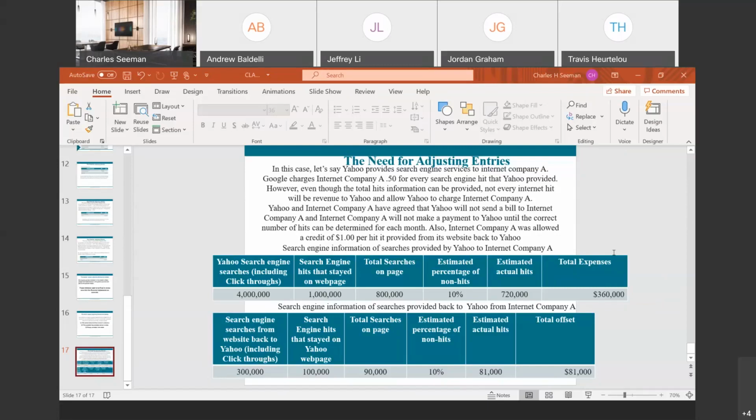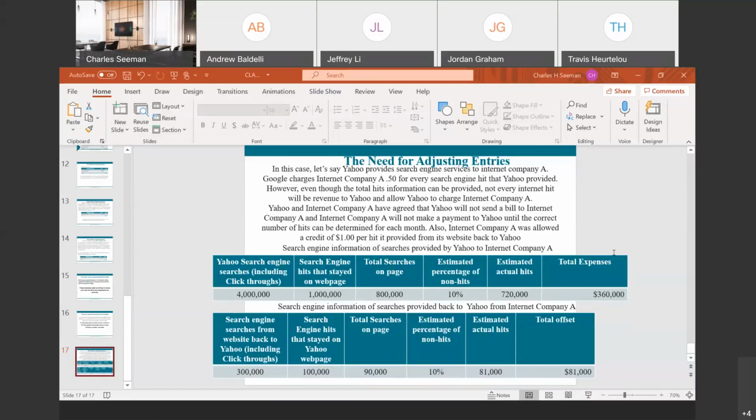But there were other requirements. For example, the person had to stay on the site and click through our other sites. A click through is simply when you type in Walmart, and you go to the home site of Walmart, and then you go to the computer department. That's a click through.